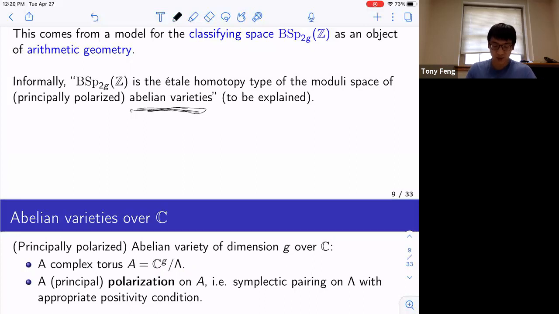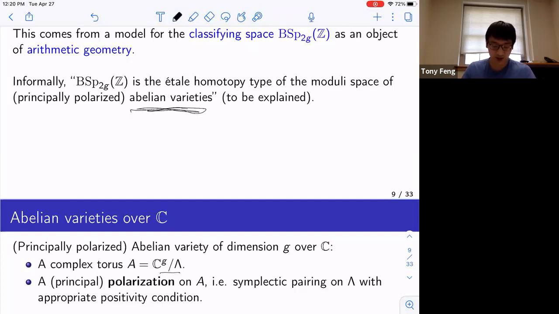And the statement that it's an abelian variety says that it actually comes from some algebraic thing. You can think of that as: you need to specify a polarization on a complex torus in order to see that it comes from an abelian variety. Concretely, a polarization is a symplectic pairing on this lattice Lambda, which has appropriate positivity conditions.